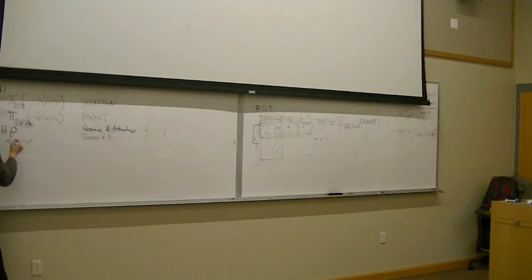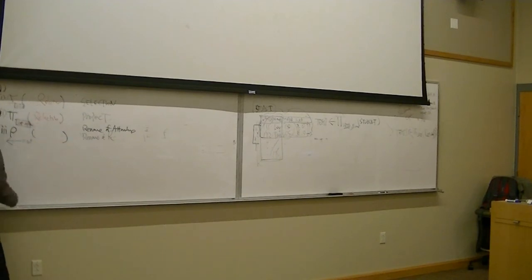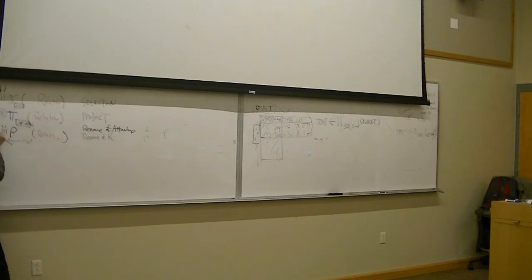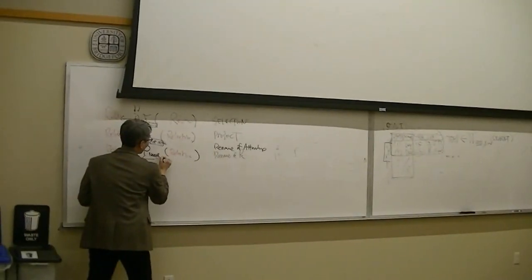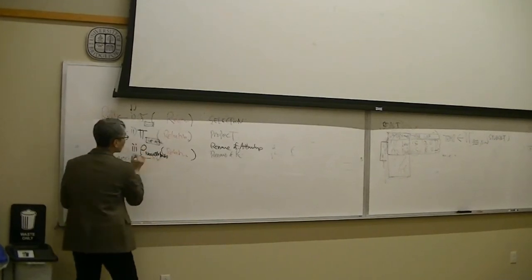This symbol is called rho. So rho: the input is also relation, and output is also relation. But you are going to specify the new attribute names, a list of the new names.